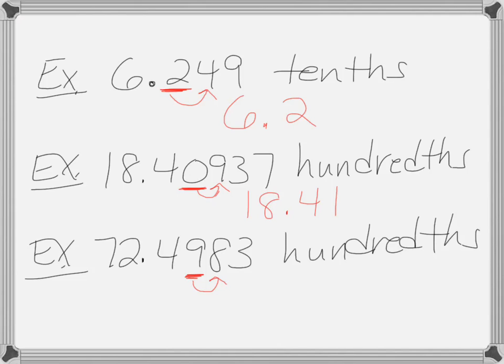How are we going to do that? We can't fit an extra digit in there. So look at the 0.49 as a whole. Think of that as 49. And so we'll round it up to 50. 72.50. And now it's rounded to the hundredths place.